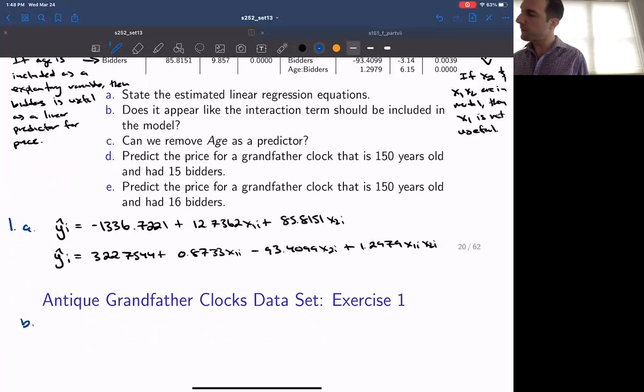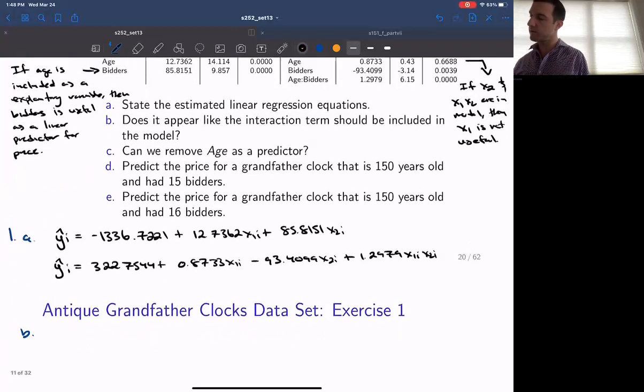Right. In part B, we're asked, does it appear like the interaction term should be included in the model?